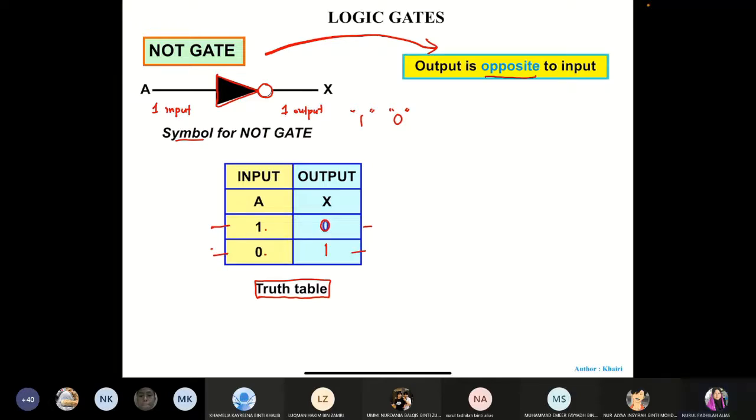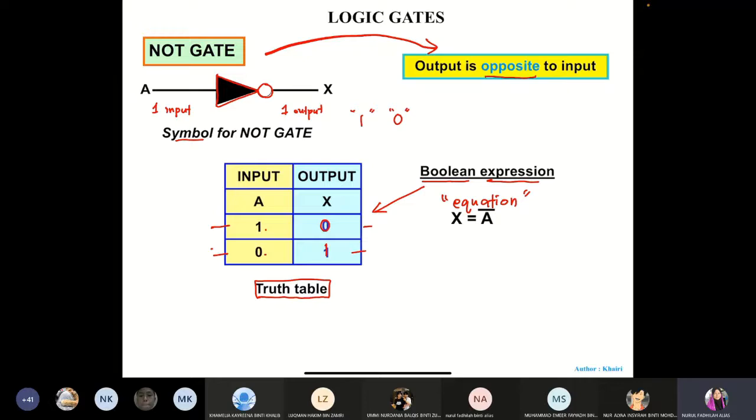Right? Now, you should know that we have Boolean expression. So we express this in the form of an equation. I write this one in inverted commas because this is not really an equation.